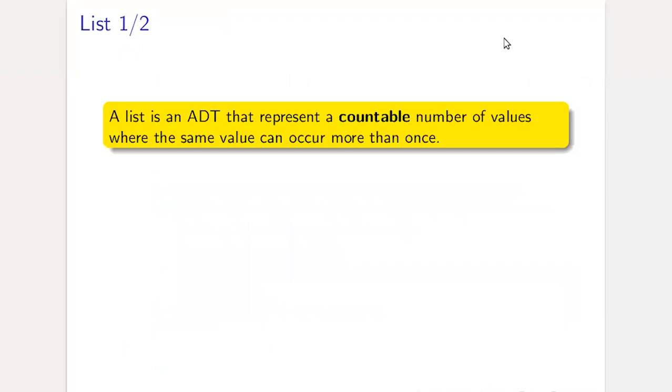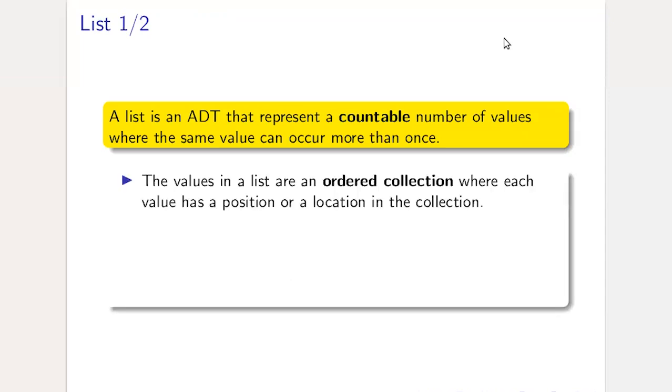Okay, so let's start our discussion on the abstract data types by looking at the list. So the definition is quite straightforward. A list has a countable number of values, and the values that you have in a list are not unique. So the same value can occur more than once. These values in the list are in an ordered collection.